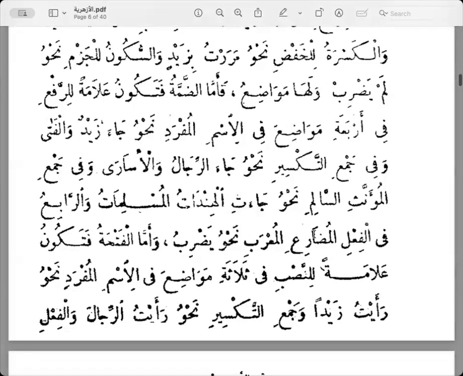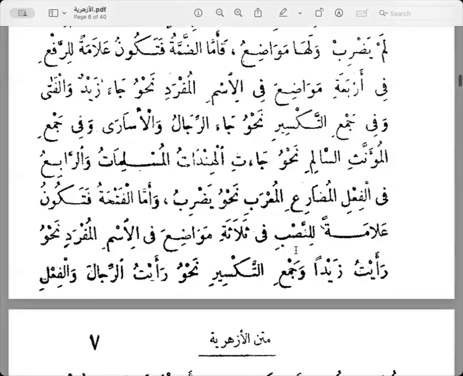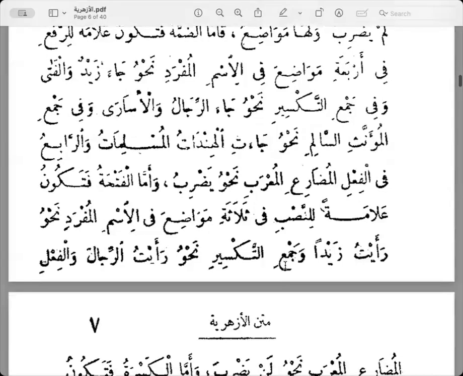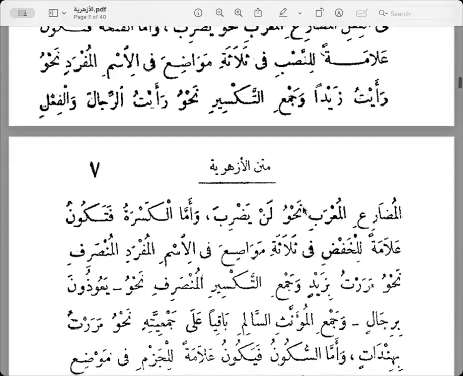والرابع في الفعل المضارع المعرب نحو يضرب. وأما الفتحة فتكون علامة للنصب في 3 مواضع. في الاسم المفرد نحو رأيت زيدا. وجمع تكسير نحو رأيت الرجال. والفعل المضارع المعرب نحو، so he could explain this in another way. He says الفعل المضارع الذي لم يتصل بآخره نون التوكيد ولا نون الإناث.